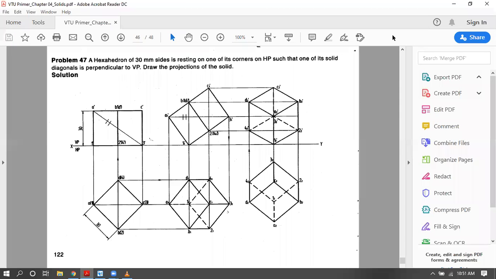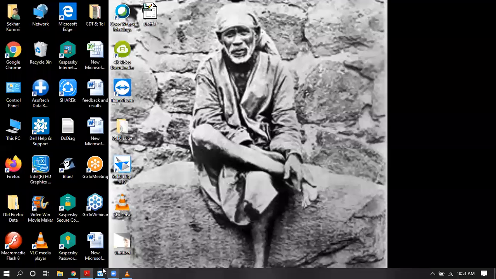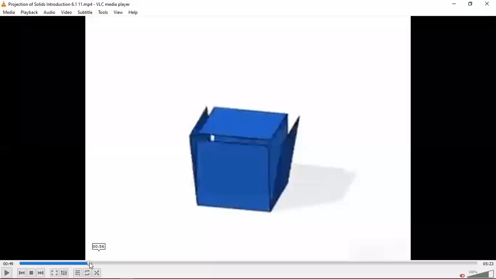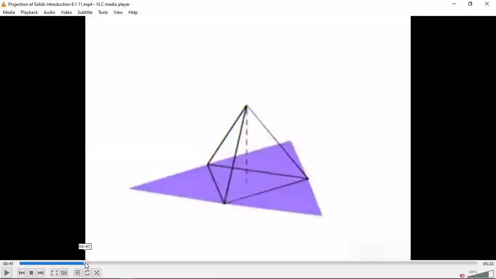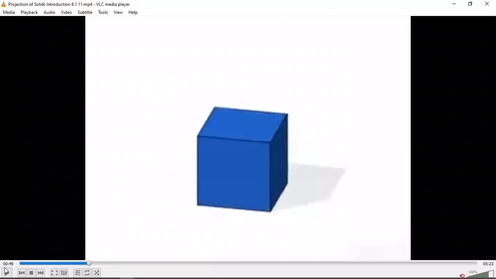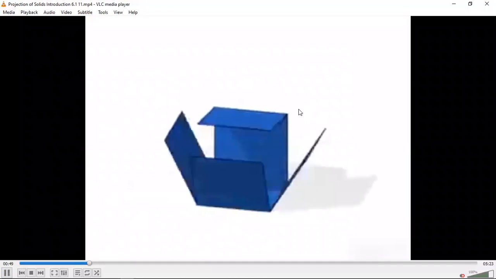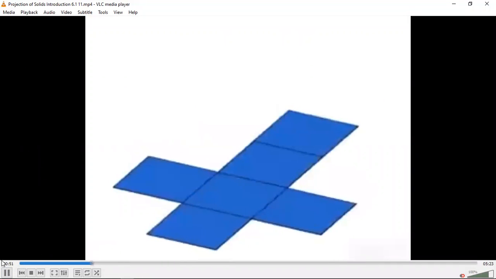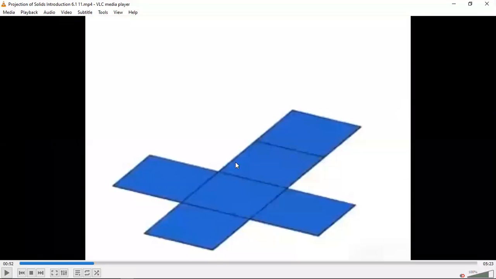Before going to solve this problem, we have to know what a hexahedron is. This is called a hexahedron, which has six faces. The cube is formed by these six faces, that is four lateral faces, one top base and one bottom base.